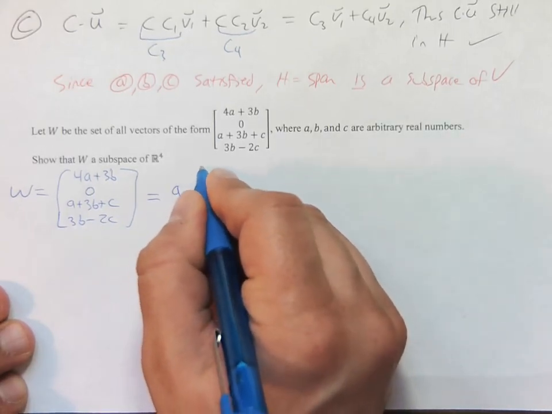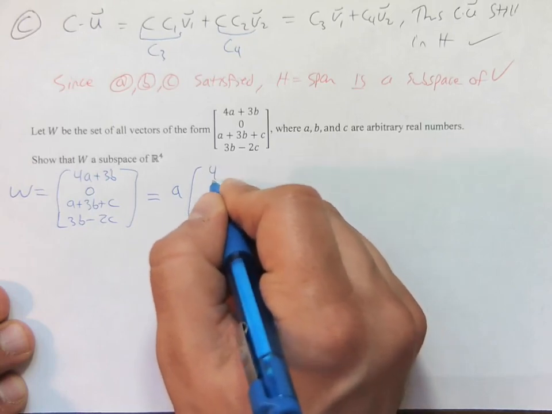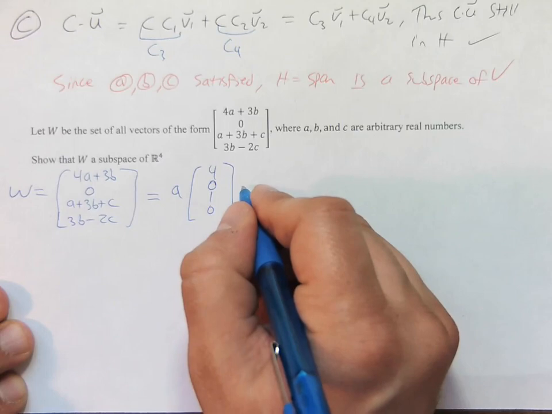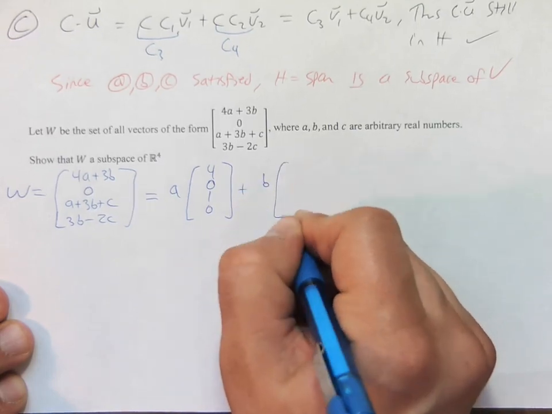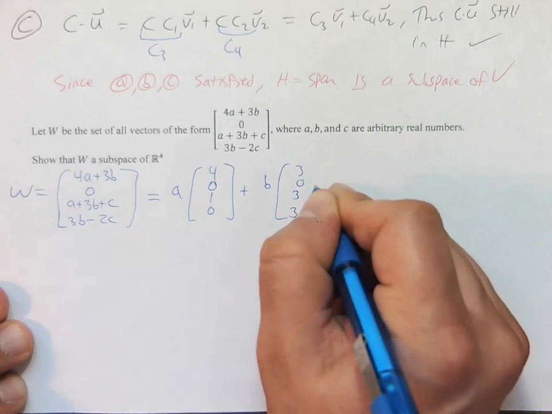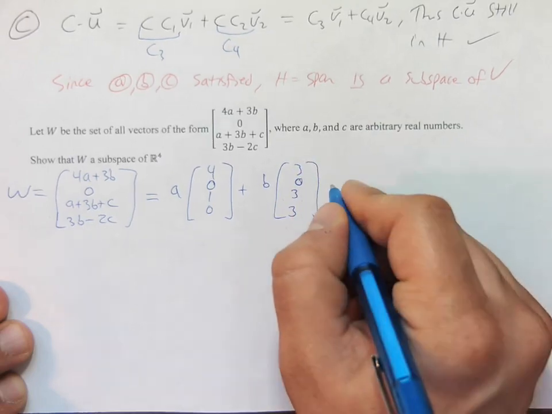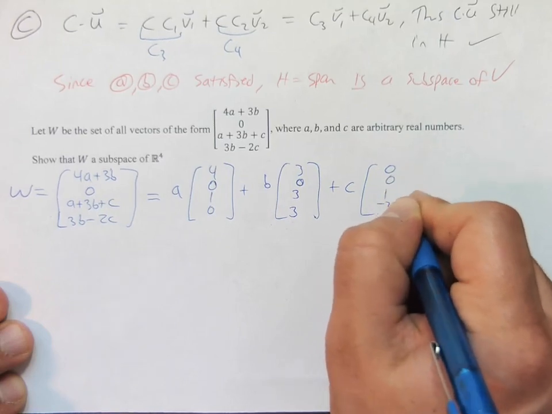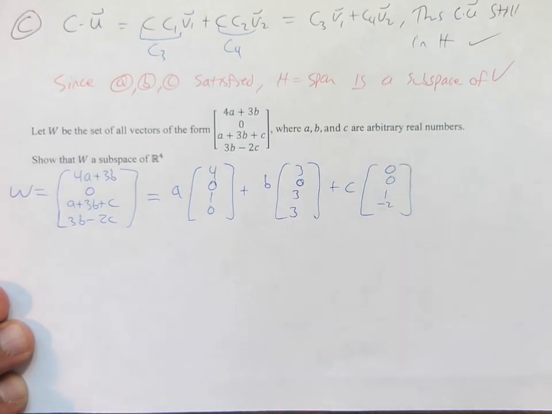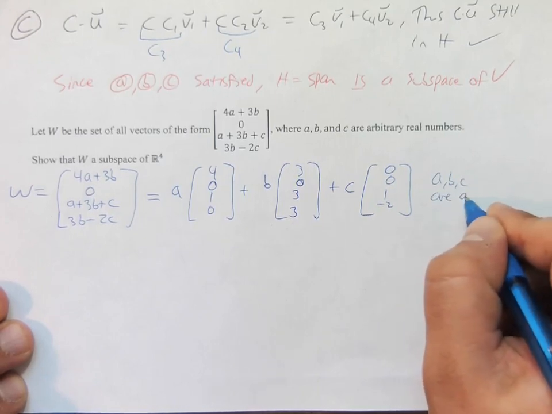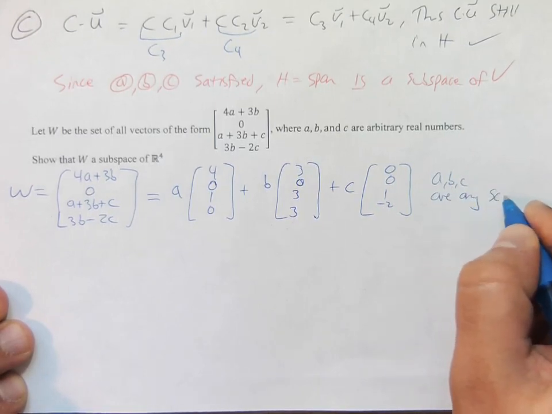So the things that have A in it are 4, 0, 1, 0. The things that have B in it would be 3, 0, 3, 3. And then the C breaks down into 0, 0, 1, negative 2. Where A, B, and C are any scalars.